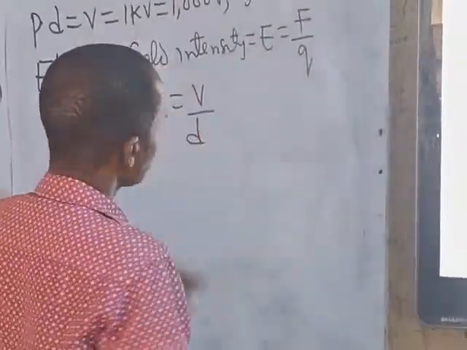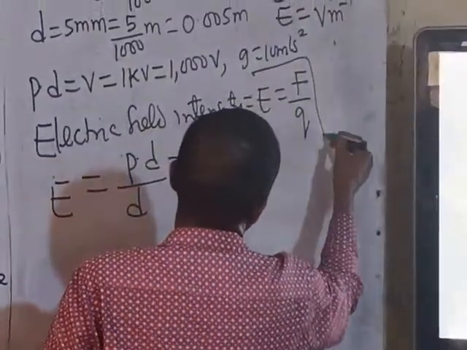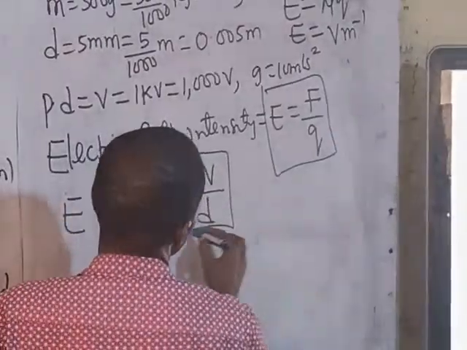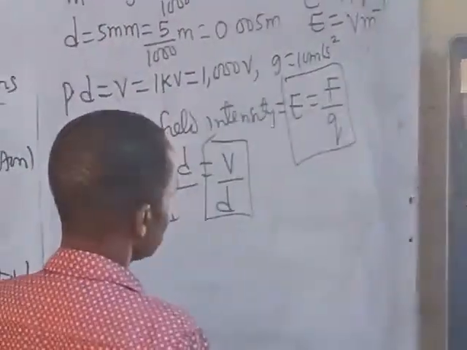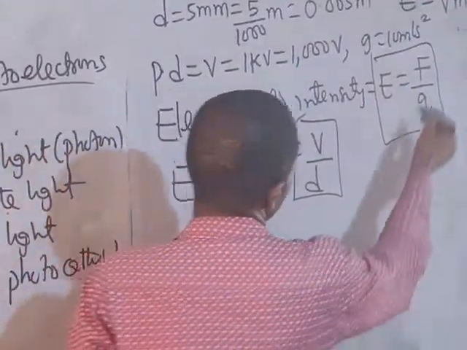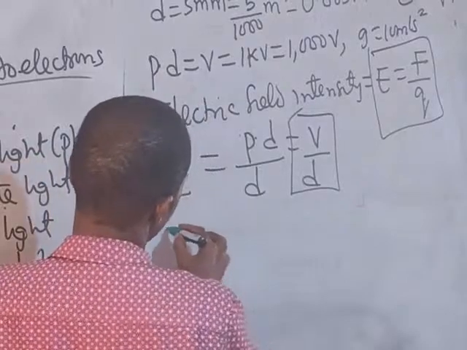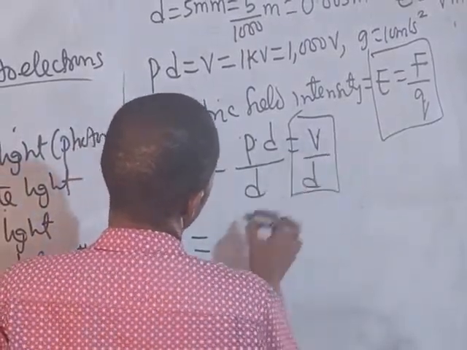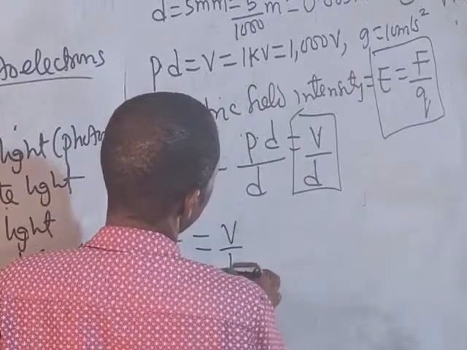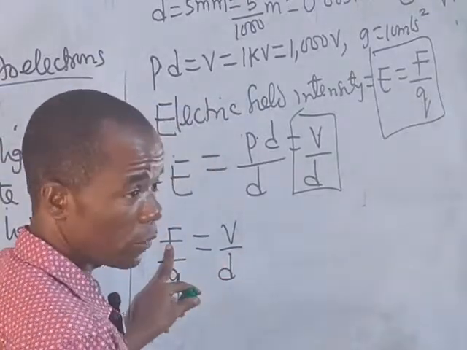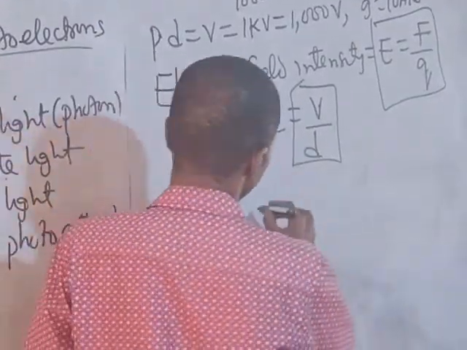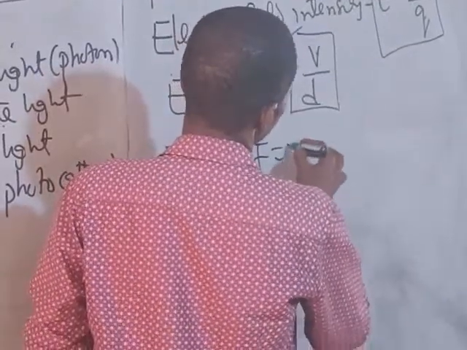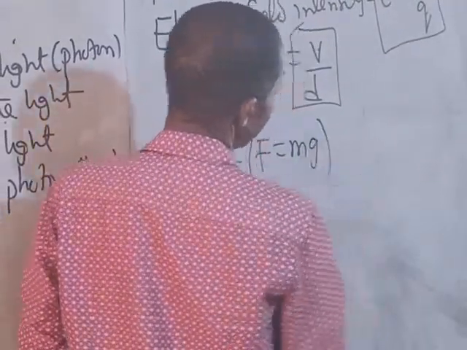So if you equate this one and this, let's see what we get here. So that's going to be F all over Q is equal to V all over D. But don't forget, this one is force. And if you remember, we know that our force is mass times acceleration due to gravity.